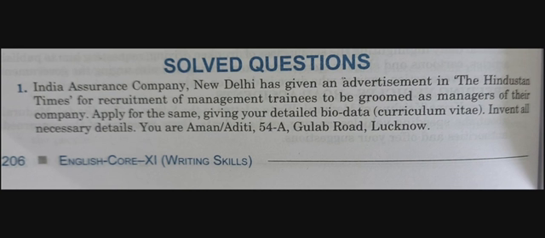So they will train them and they will be further posted as managers, means they will then get the post of managers in the company, that is India Assurance Company, and you have to apply for the same if you want, and you have to give your details along with biodata and invent all necessary details. So everything must be there in the cover letter or the forwarding letter as well as in the biodata.